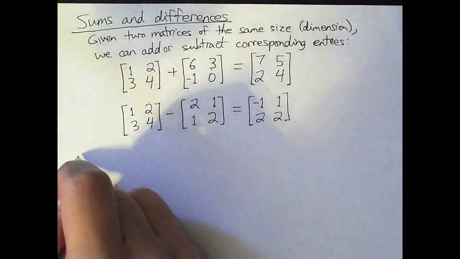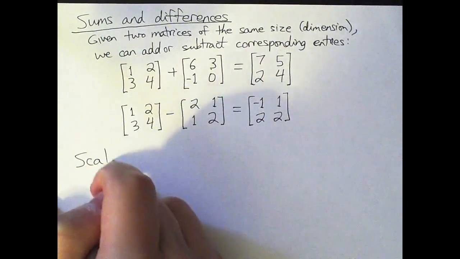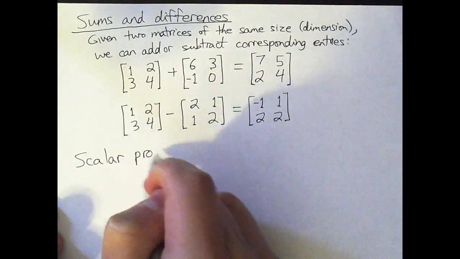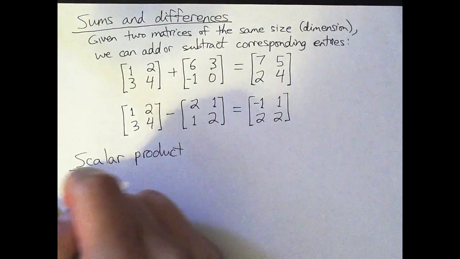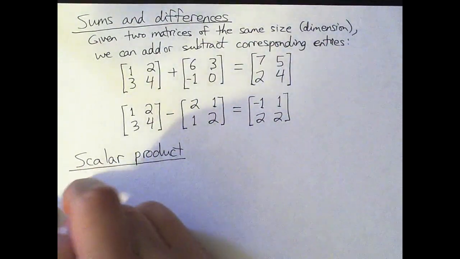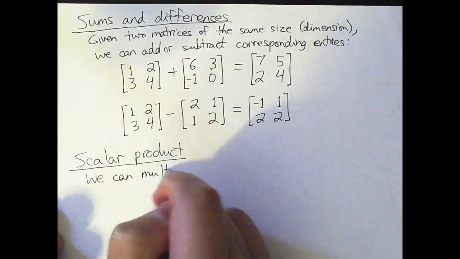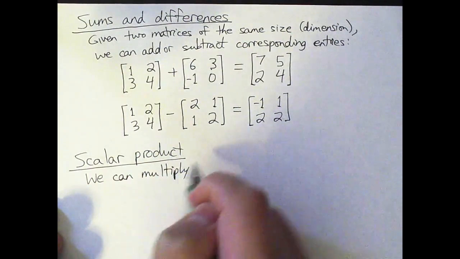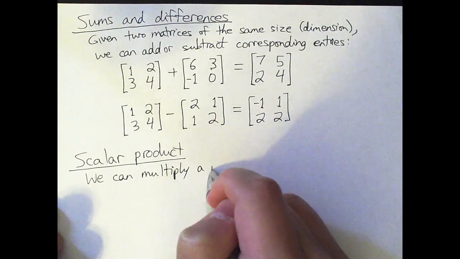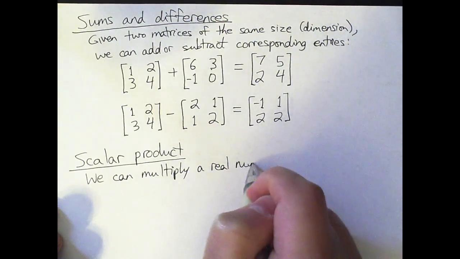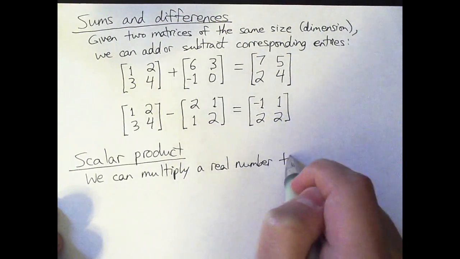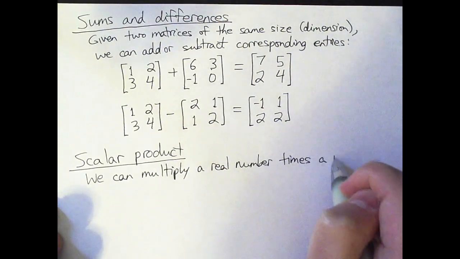There's another operation that we can do, and this is going to be called the scalar product. We can multiply a real number times a matrix.